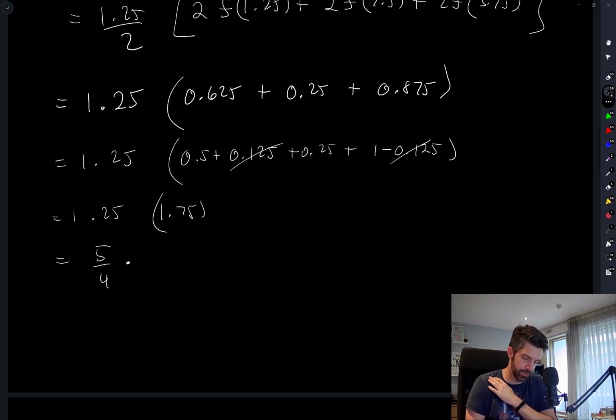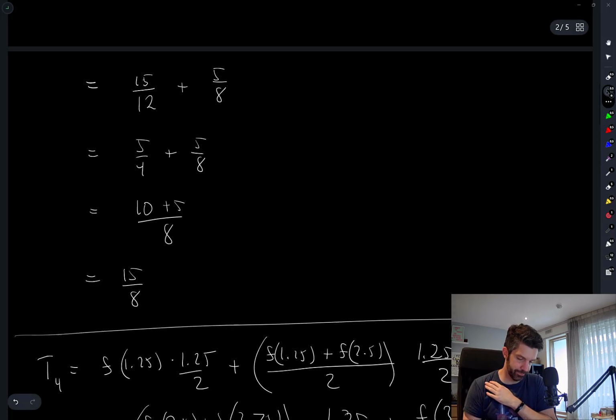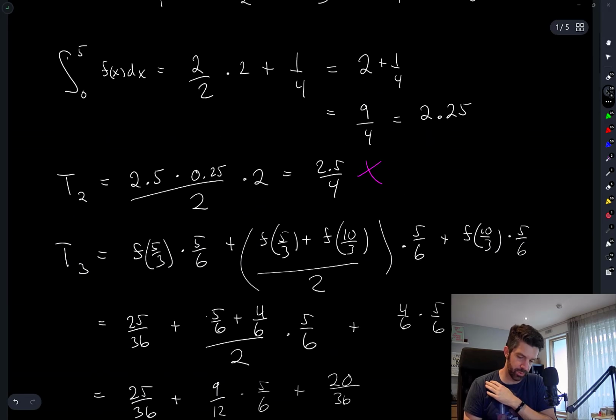We've got 5 over 4 times 7 over 4, which is 35 over 16, which is, so we want to compare to 2.25, right?